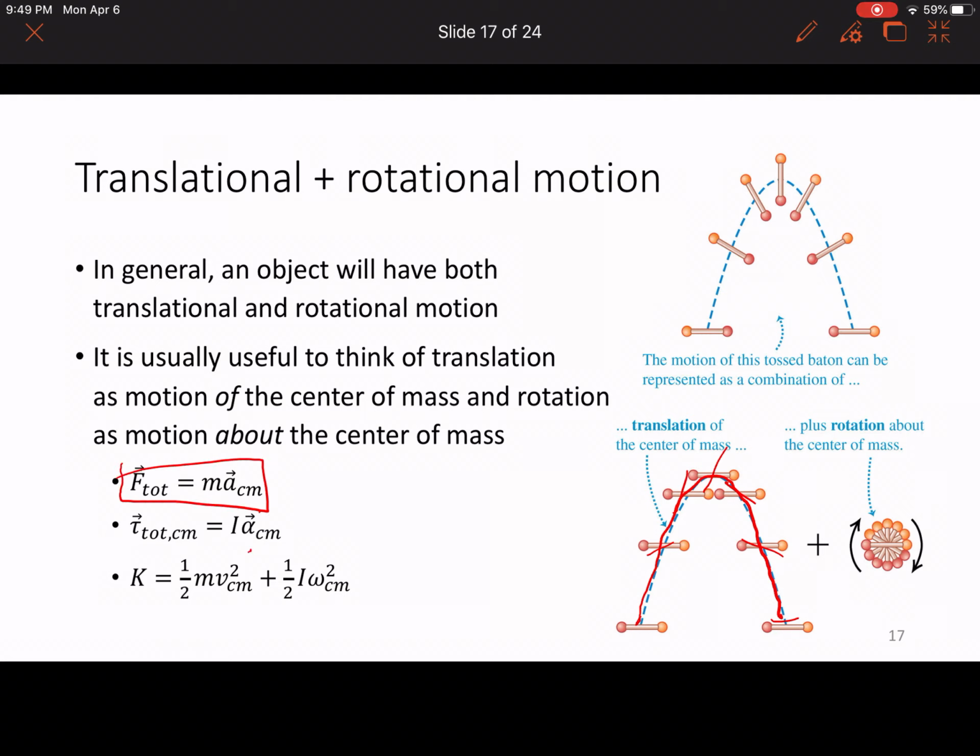Its angular acceleration about the center of mass, the moving center of mass, is torque equals I times alpha. And all of our other formulas work as well. So for example, kinetic energy, what I do is I just add up translational kinetic energy, 1/2 mv squared, where v here is the velocity of the center of mass, plus 1/2 I omega center of mass squared. So those two together are the total kinetic energy of my problem.